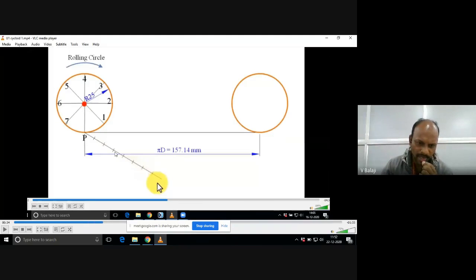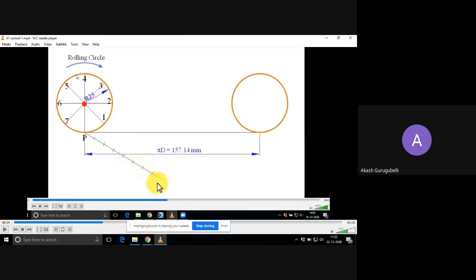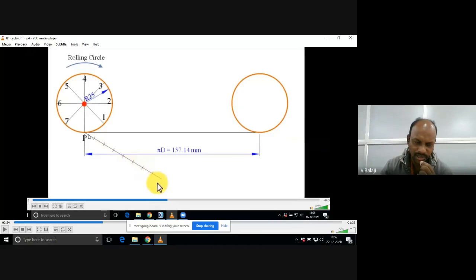Now the next step. One revolution is how much length? What we discussed earlier: the circumference of the circle, which is pi d or 2 pi r. Calculate, which equals 157.14.